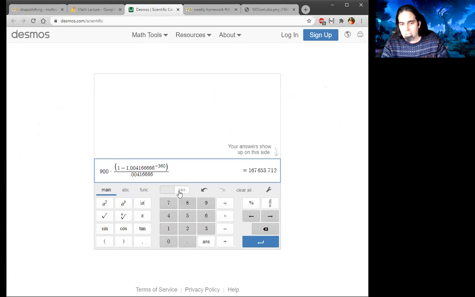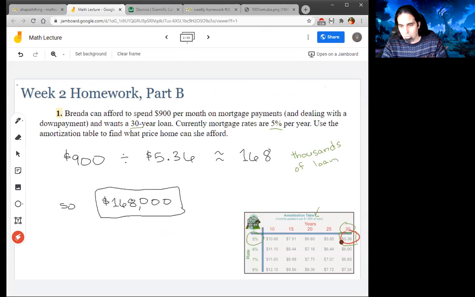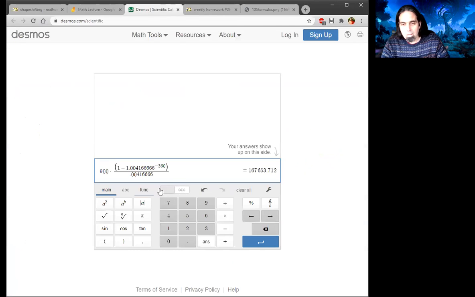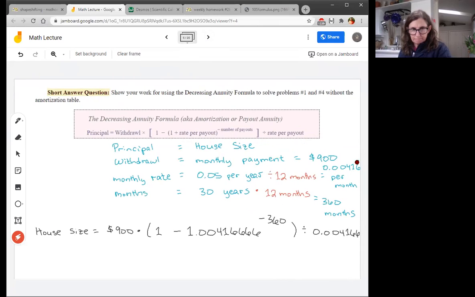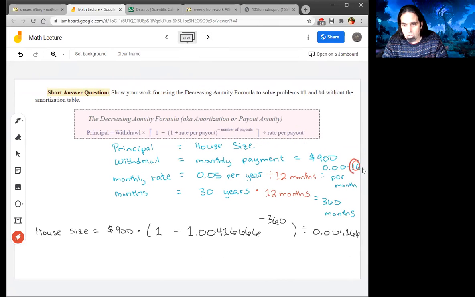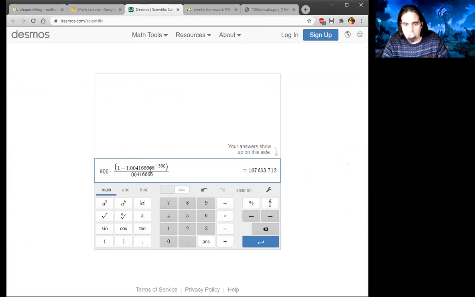The formula is slightly more accurate because in the table we're rounding in the middle of a problem. But for just how big a house can you afford, the table is close enough. If I didn't include all the sixes because I was rounding this number too much, then it changes quite a bit.